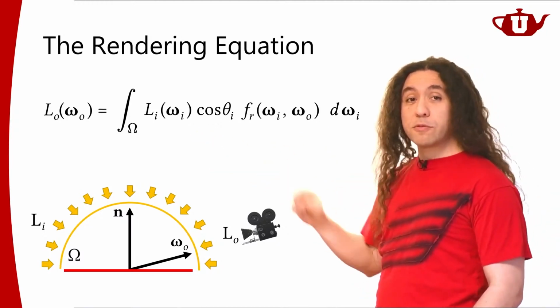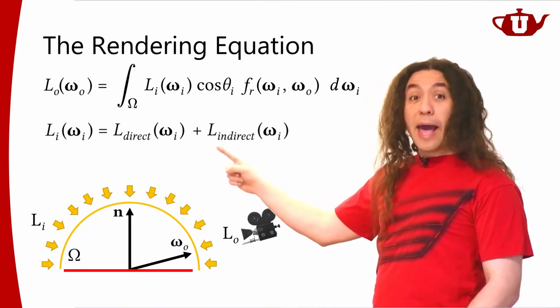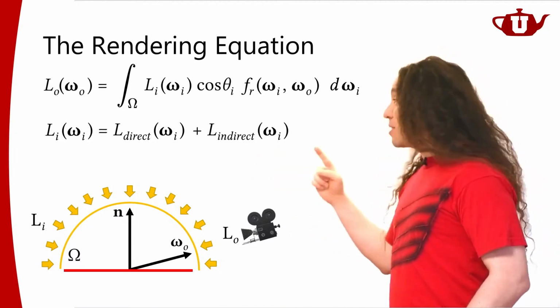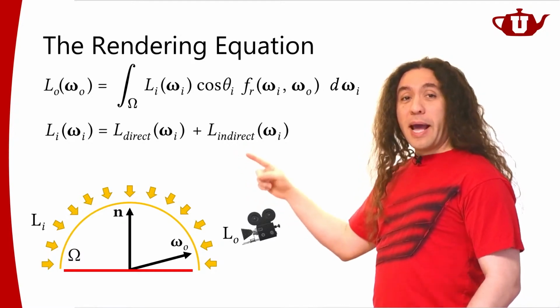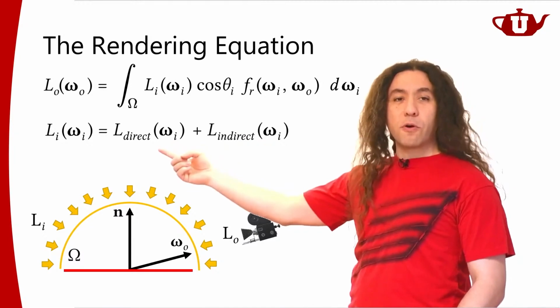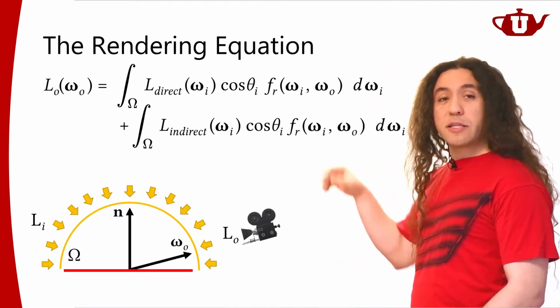Because that involves direct illumination, which is easy to compute, and indirect illumination, which is not easy to compute. So this was the whole difficulty of global illumination coming from this term, right? And the way we computed global illumination was that we wanted to use different techniques for direct illumination and indirect illumination. So we separated this integral into two integrals.